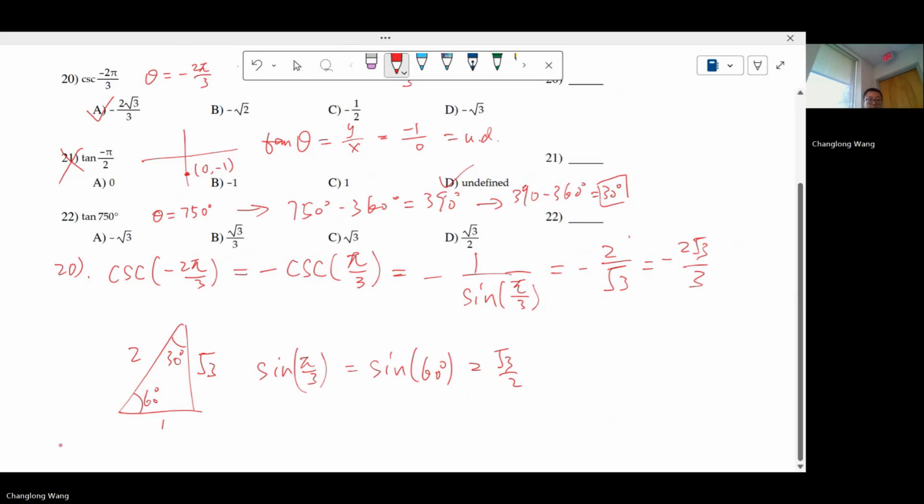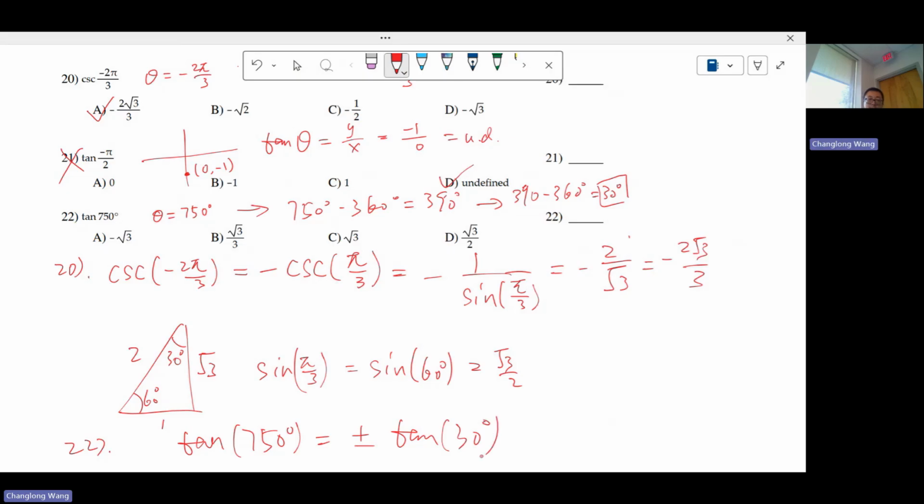Now, with that triangle, 22 becomes trivial, right? So now we have tangent 750, which is either plus or minus tangent 30. So now the question is, is it positive or negative? Well, which quadrant is 750?